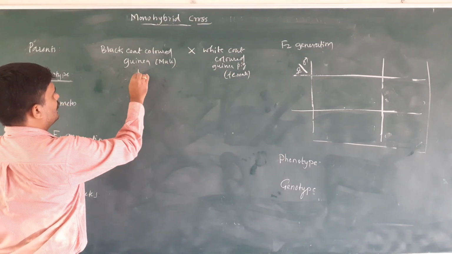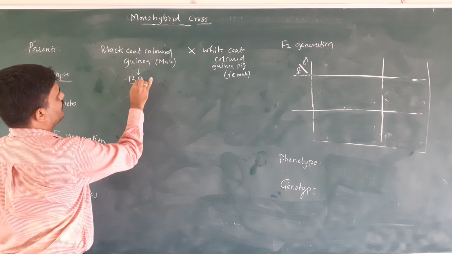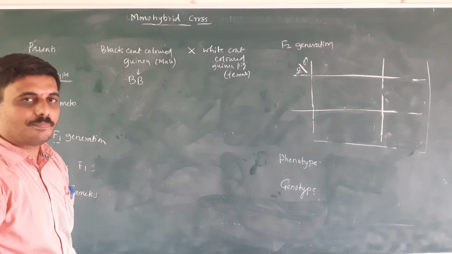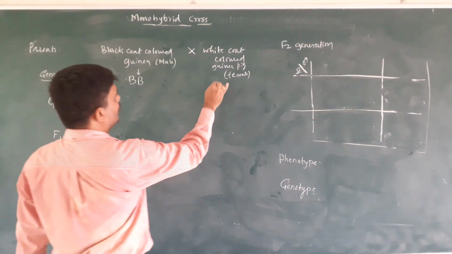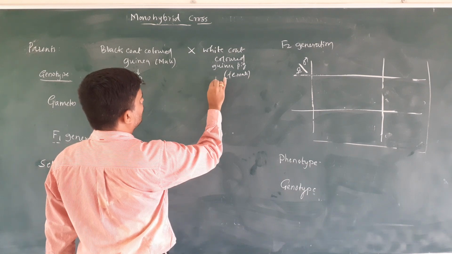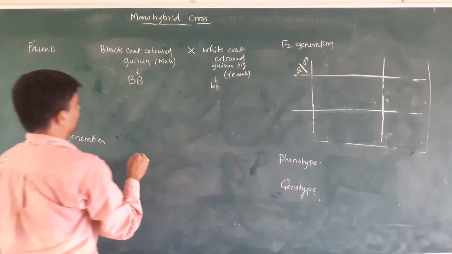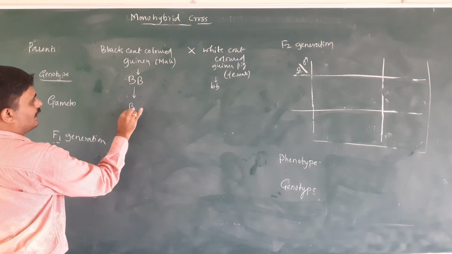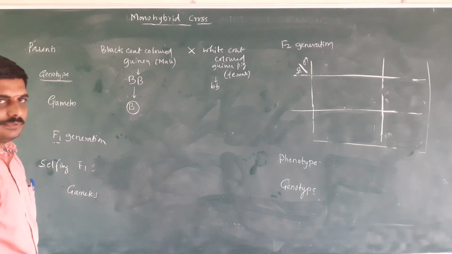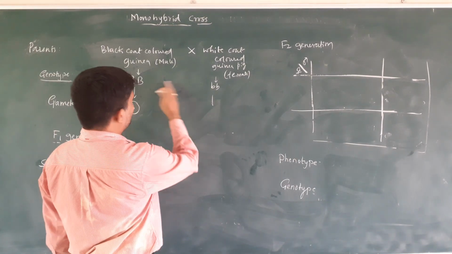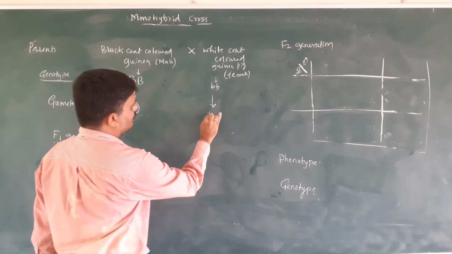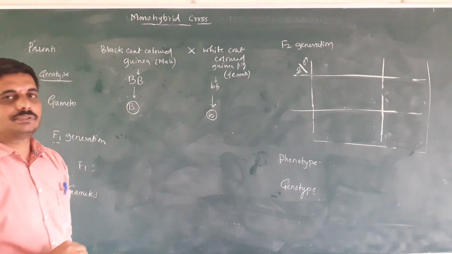This is the phenotype. The genotype is capital B, homozygous or pure line, and here it is small b, small b. Here the gametes produced are of a similar type. Here also the gametes are produced of a similar type.